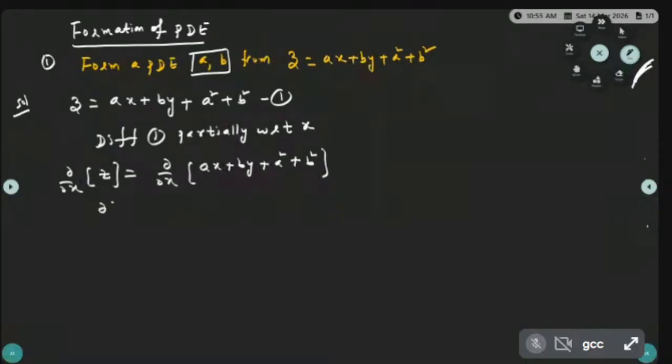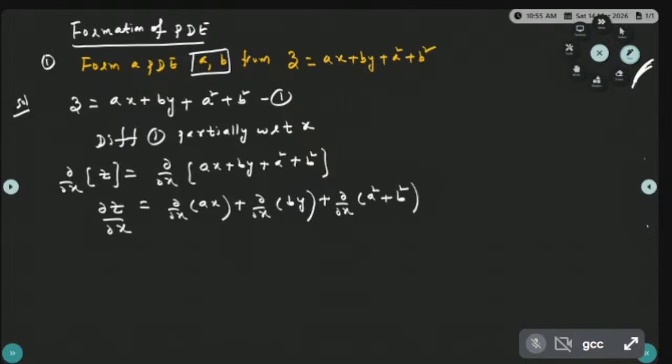This is dou z by dou x. Separate, apply u plus v formula. What is the first term? Dou by dou x of ax. Dou by dou x of by. Dou by dou x of a square plus b square. And dou z by dou x is what is the alphabet? P.